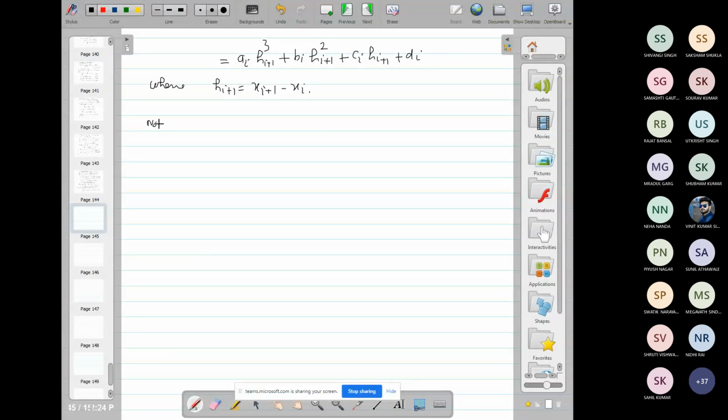Now, from 1, we have f dash x. 1 is a cubic polynomial, f dash x.